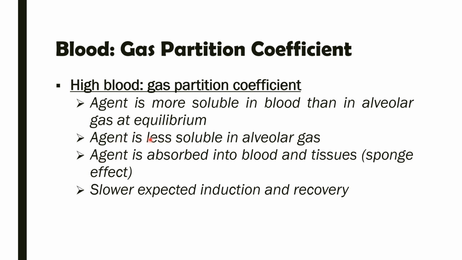Because of this, the agent is absorbed into the blood and tissues. So the blood serves as a sponge for the absorption of the agent, and the blood is being saturated with the anesthetic agent. Because of this, the agent has a slower expected induction and also a longer recovery.